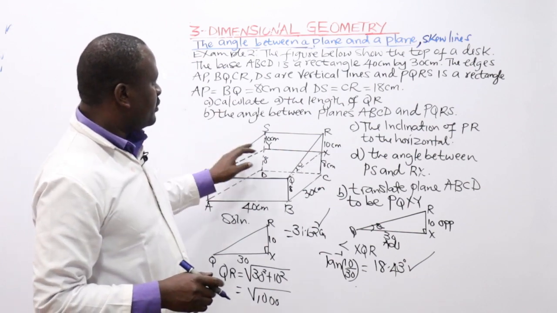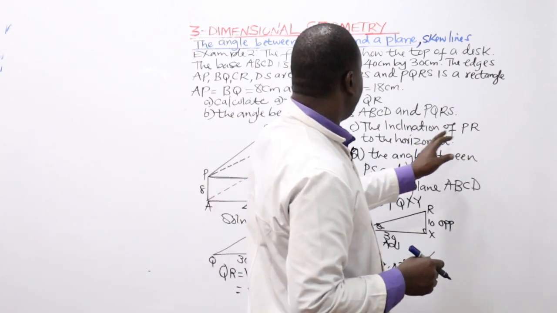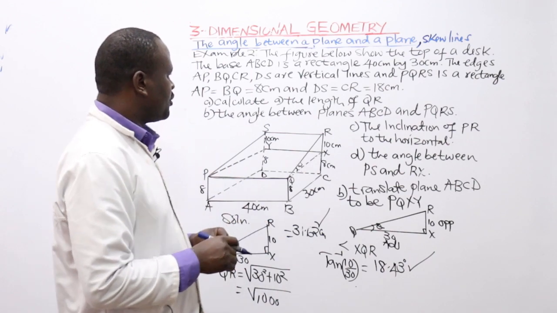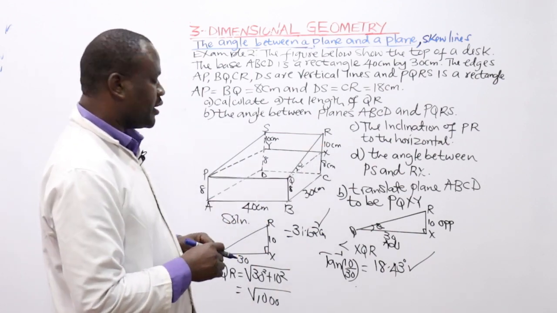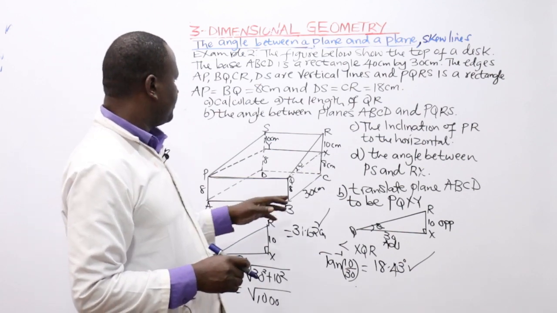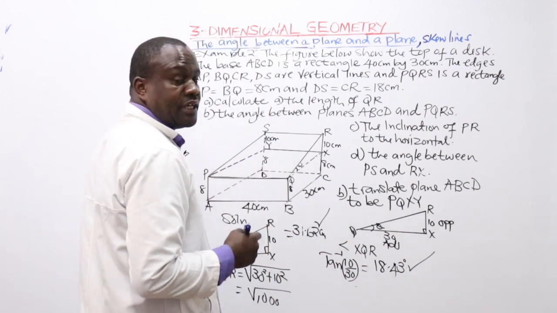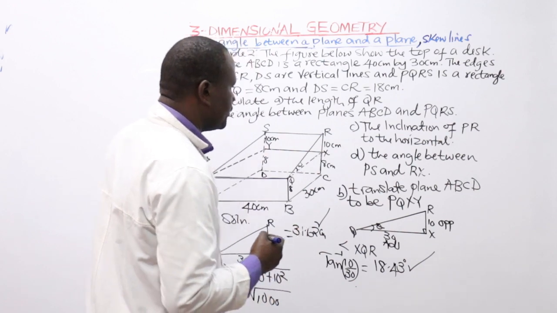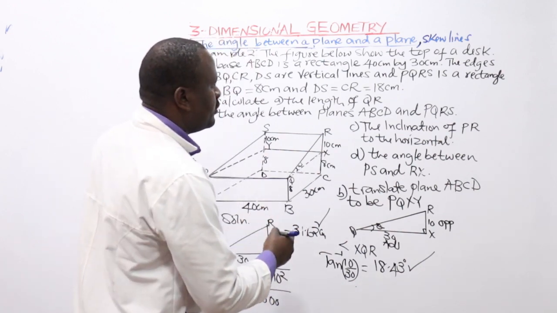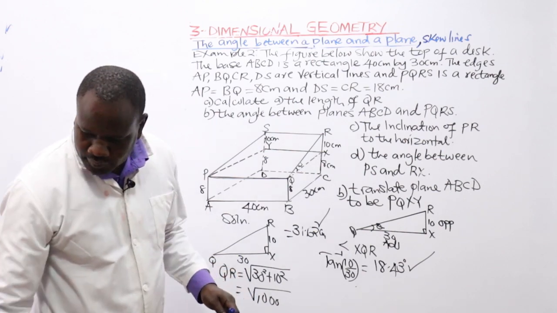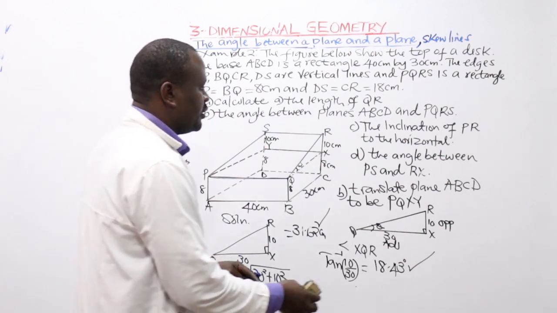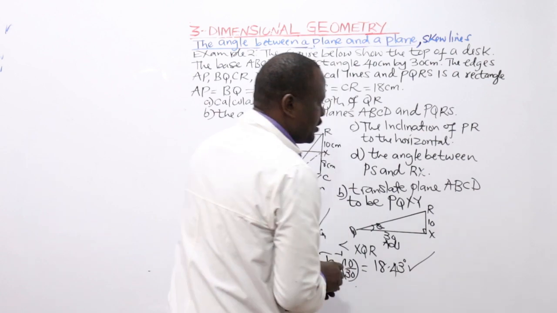Now, the inclination of PR to the horizontal. In other words, the inclination is another word for the projection.